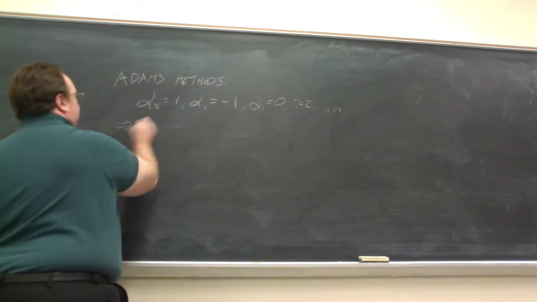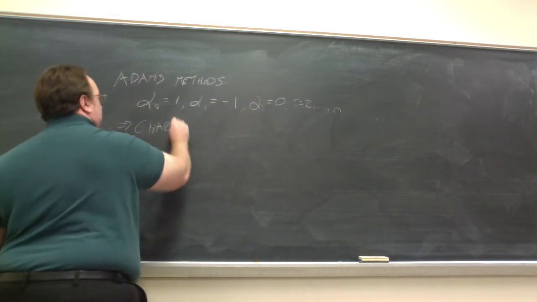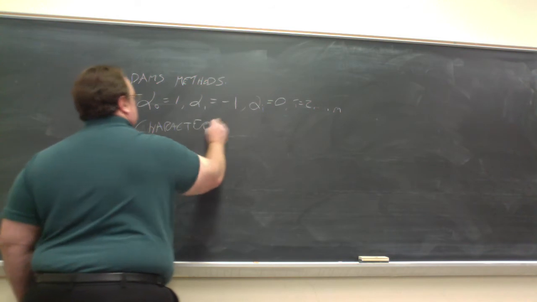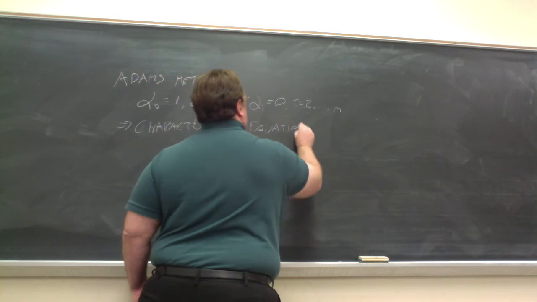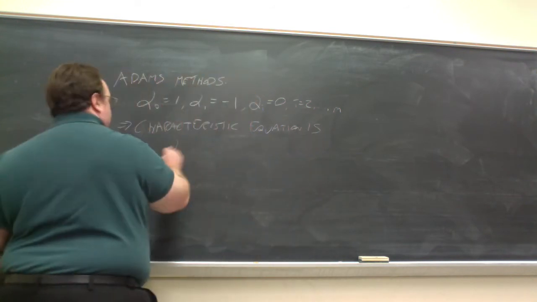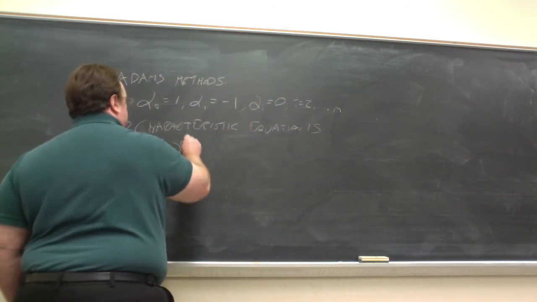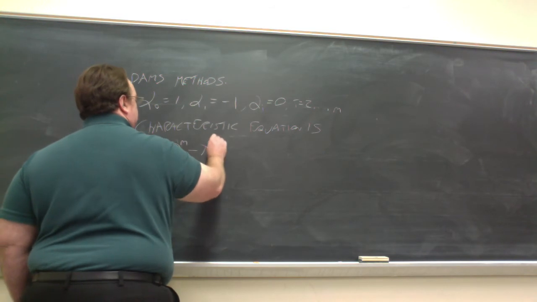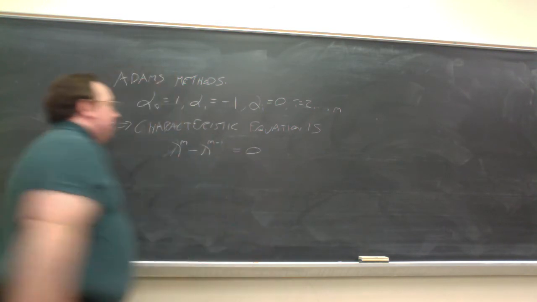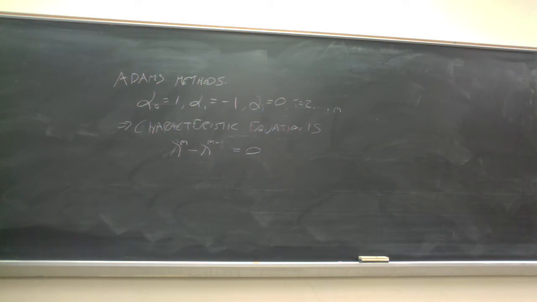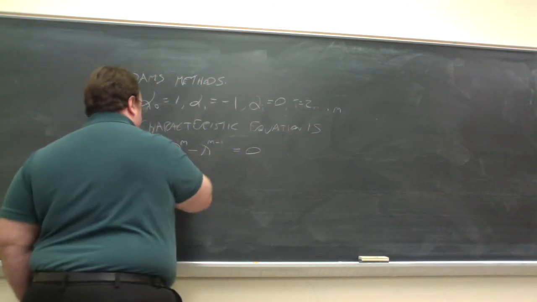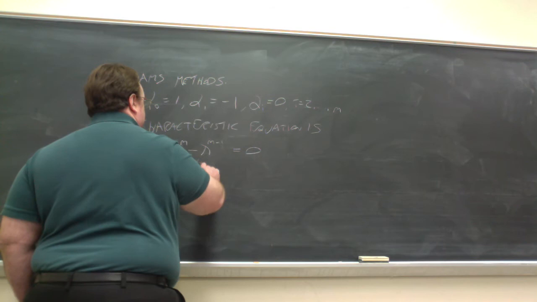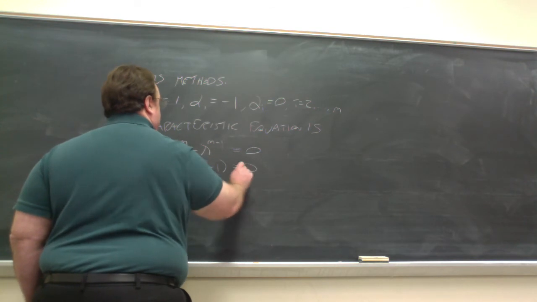So what that means is a characteristic equation is lambda to the m minus lambda to the m minus 1 is equal to 0. There are no other terms. Now, we can factor this. So factor out lambda to the m minus 1, times lambda minus 1, is equal to 0.